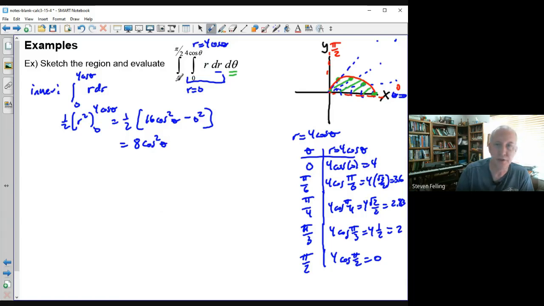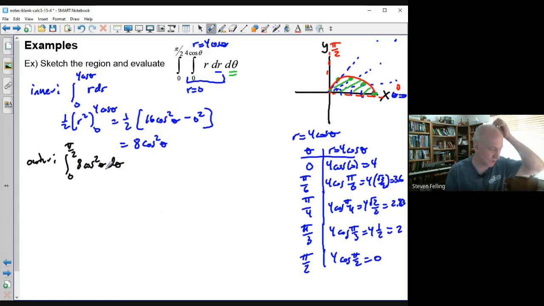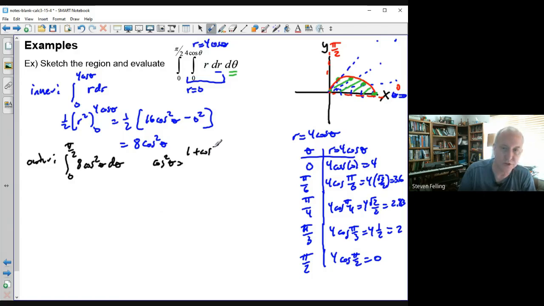Okay. And then let's do the outer integral. The outer integral is the integral from 0 to pi over 2 of that 8 cosine squared theta d theta. So I would either look this up in a book, or I could use a trig identity. There's a trig identity: cosine squared theta is 1 plus cosine 2 theta over 2, which means I could make this the integral from 0 to pi over 2, 8 out here, cosine squared is 1/2 plus 1/2 cosine 2 theta, d theta, right?